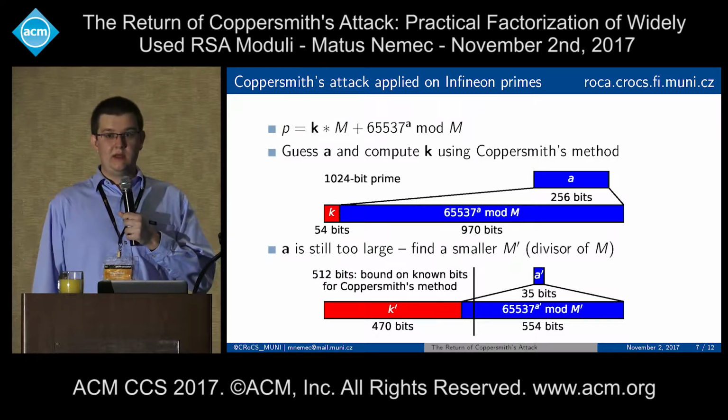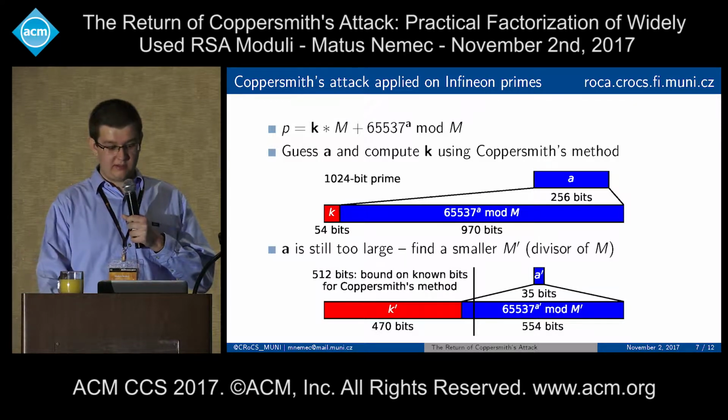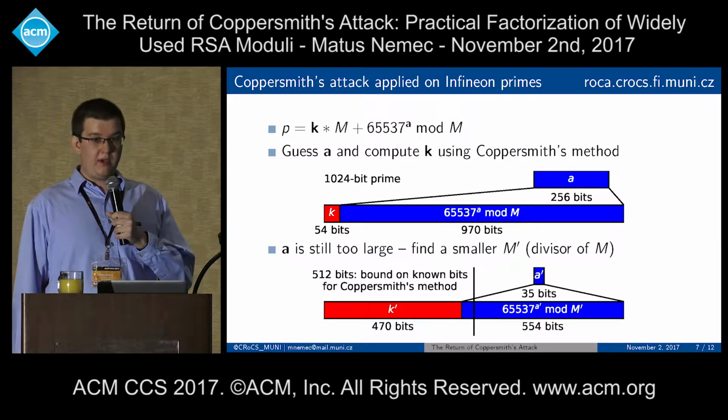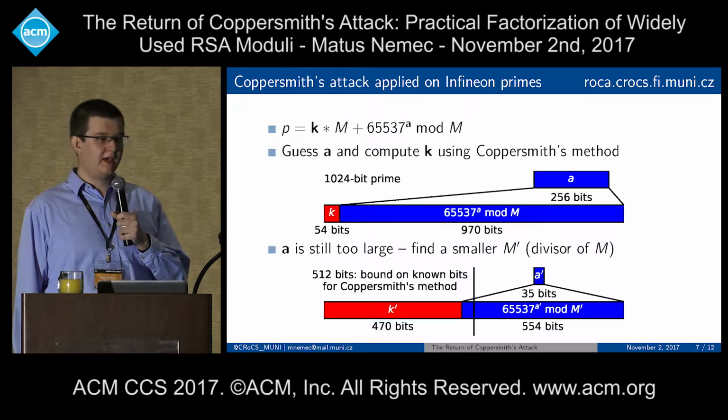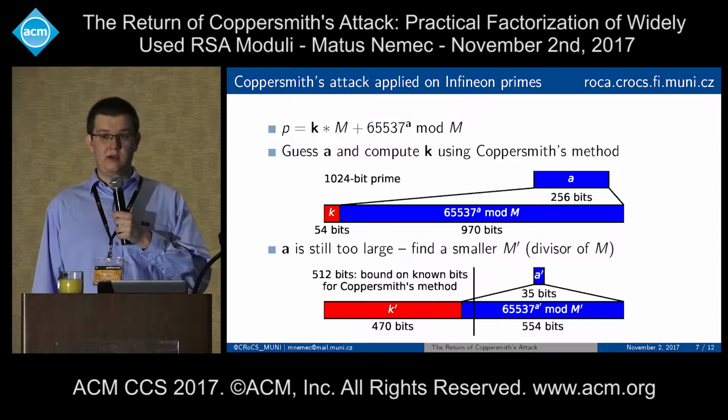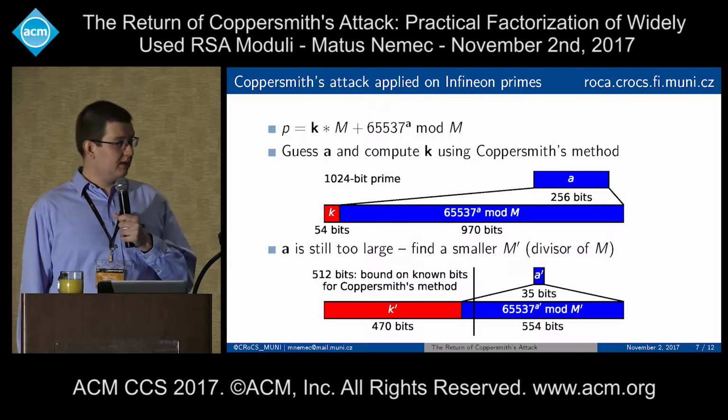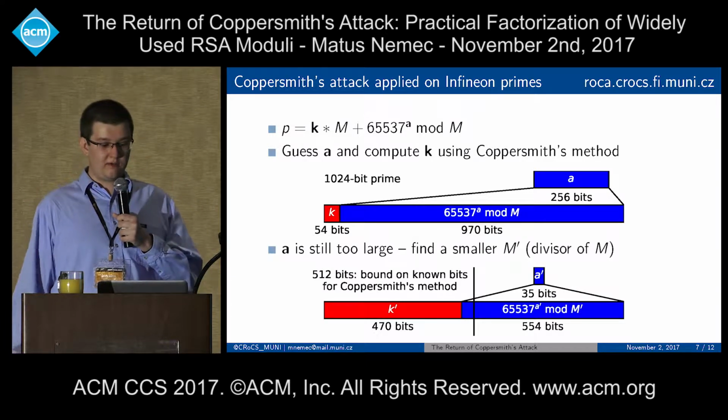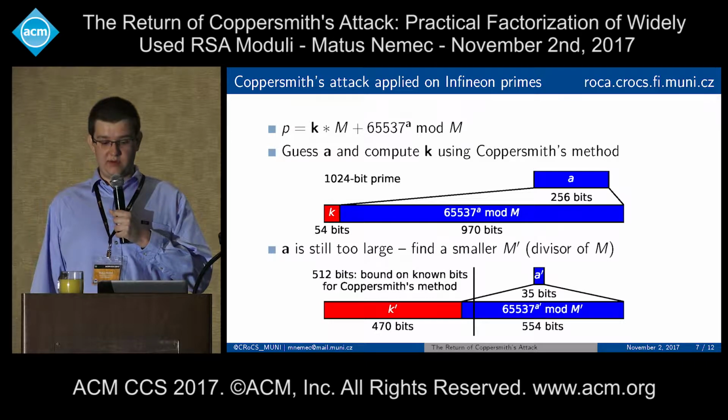This means that the basic factorization algorithm will work as follows. We make the guess on the value of A and try to compute K using the Coppersmith method. For an incorrect guess, we try again, but for a correct one, we get the full value of P.